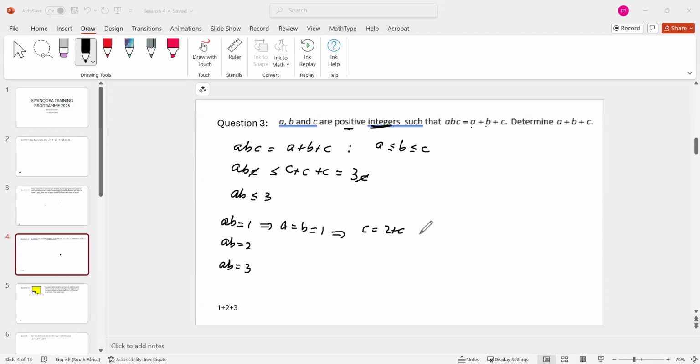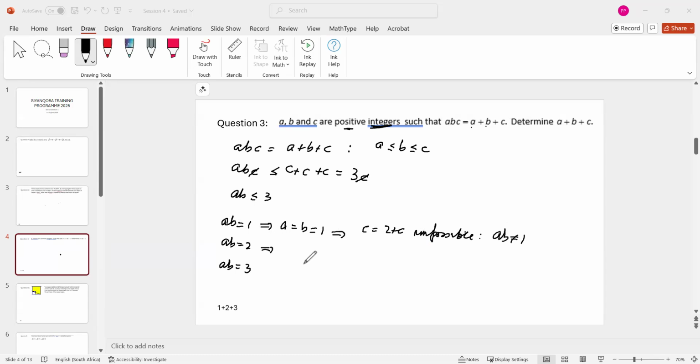C can't be equal to 2 plus C. So this means that AB is not equal to 1. Because if AB equals 1, you get an impossible situation. C can't be equal to 2 plus itself. Otherwise, 2 is 0, and you cancel the C's. So if this is true, then you have an impossible situation.